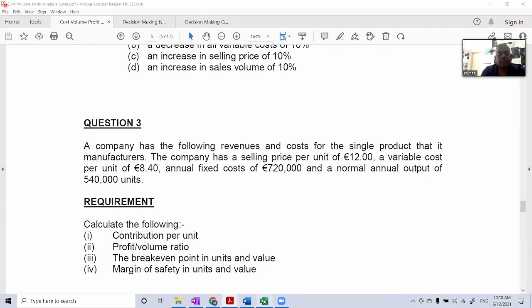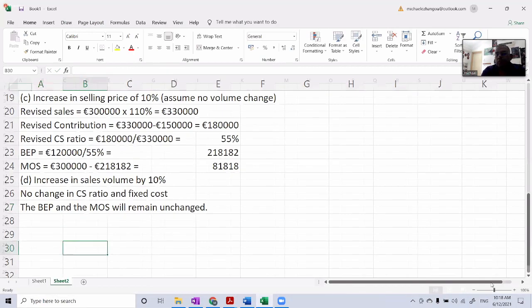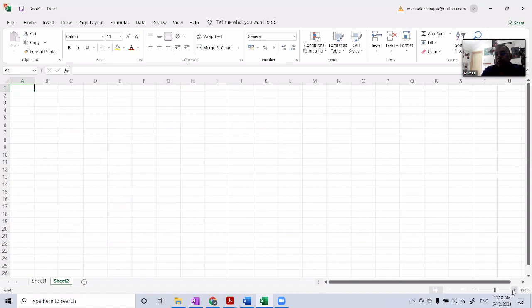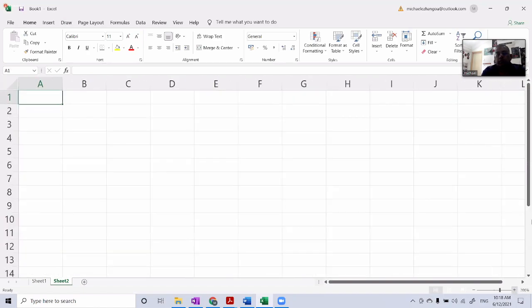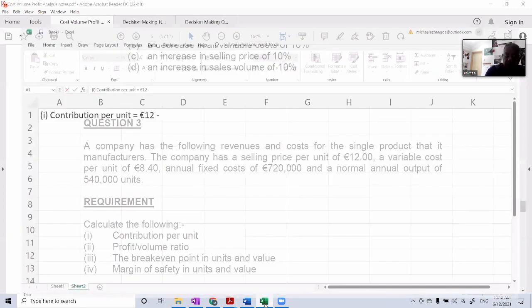Right. So on another sheet, first of all, I want to find the contribution per unit, which is 12 minus variable cost of 840.